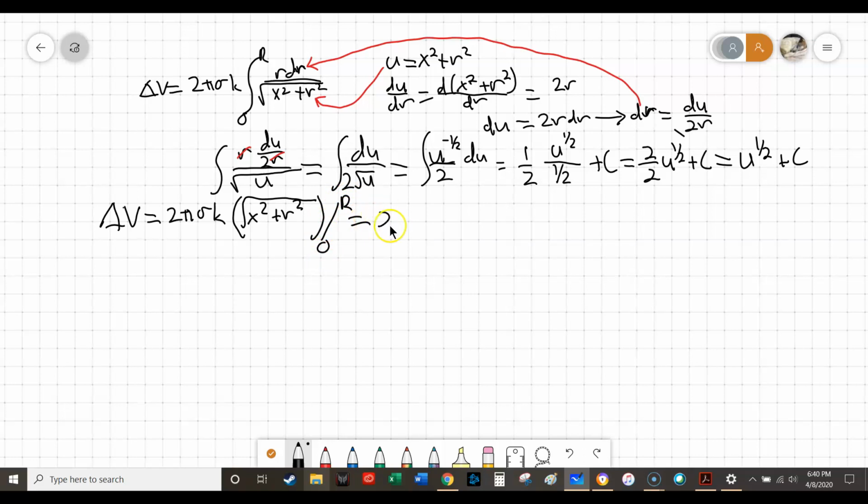Okay. So I'm going to copy my constants again. And I'm going to put my R into this. So that's going to become x squared plus capital R squared. And now I'm going to put in my 0, which is just x squared plus 0 squared.